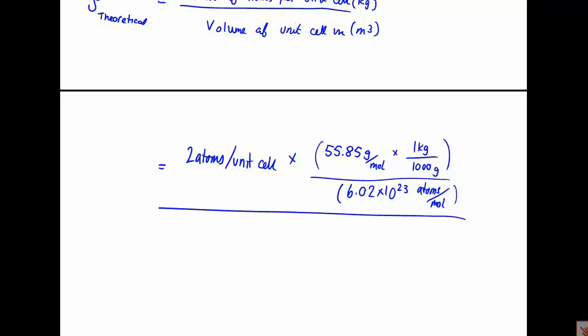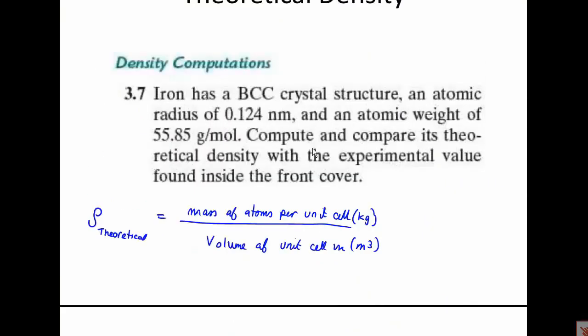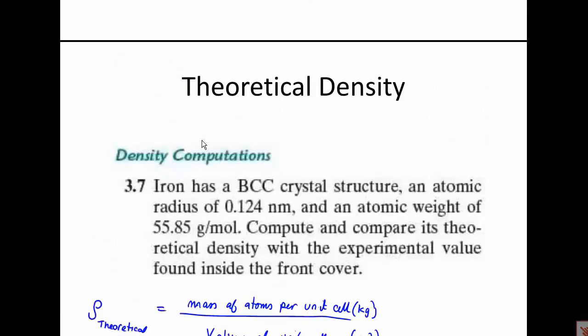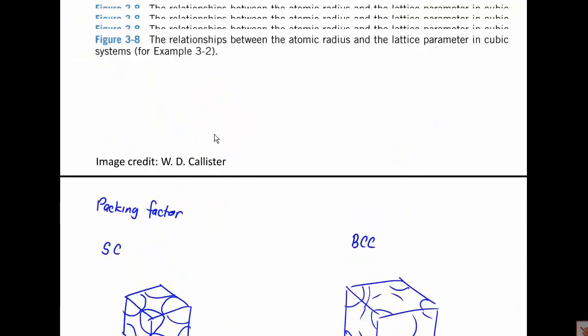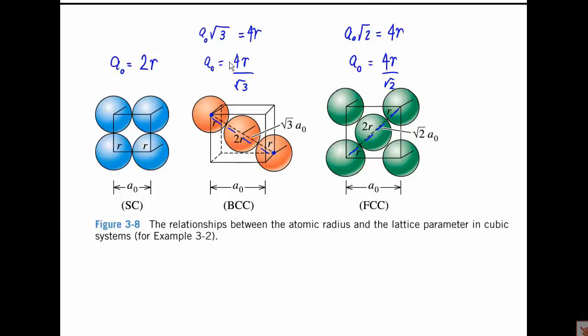Now we'd like to find out the volume of the unit cell, but we only have the atomic radius. We can use the relationships we derived earlier on over here to calculate the volume of the unit cell. So we know that one side of the cube is equal to 4r over root 3.